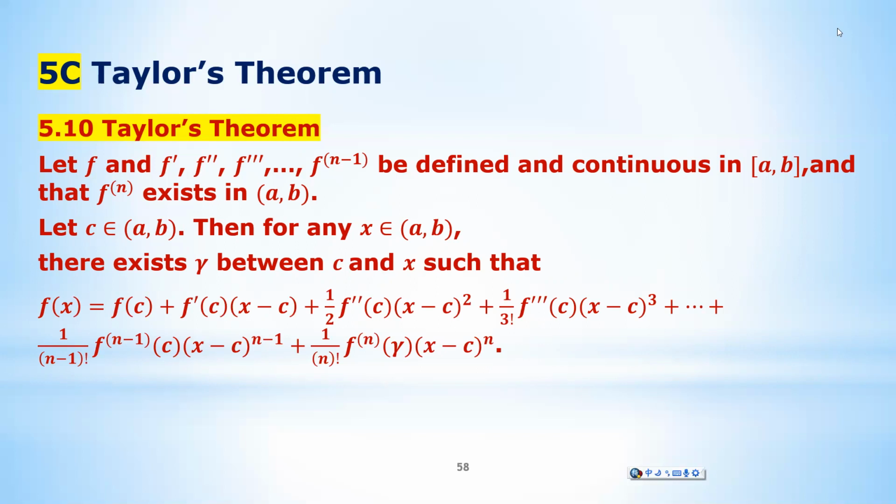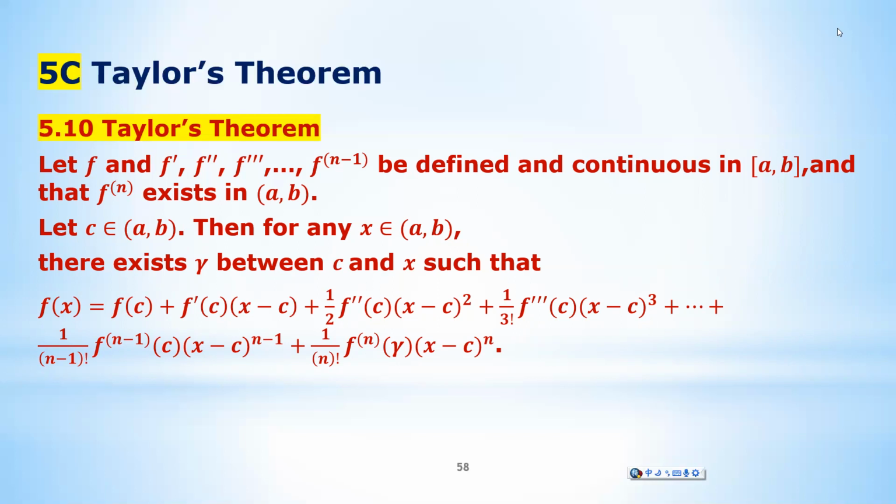On the left side, it's just f(x), which is our target we want to compute. On the right side, before the last term, it's basically information at c. The first term is f(c), and the second term is f prime of c times (x minus c).